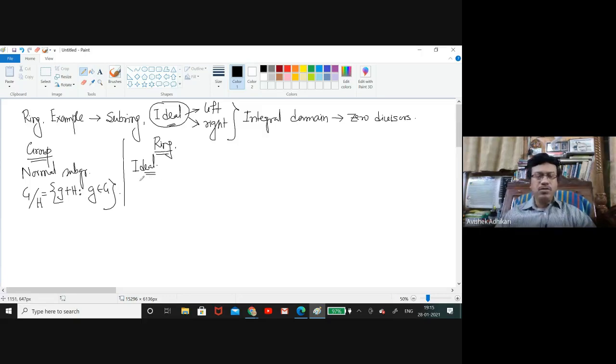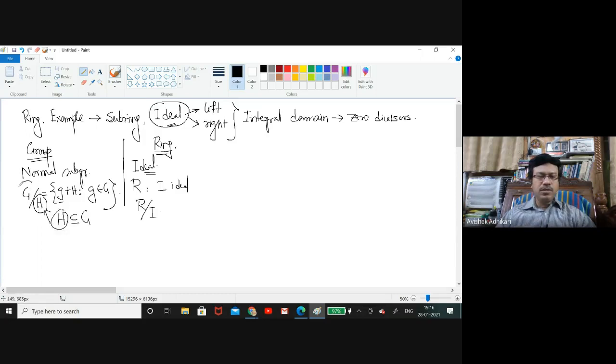Similarly, here also, if we have R as a ring and I is an ideal, then we could have R quotient I. If we go back, you might have seen that if H is any subset of G, which may not be a subgroup or a normal subgroup, then also we can define this.